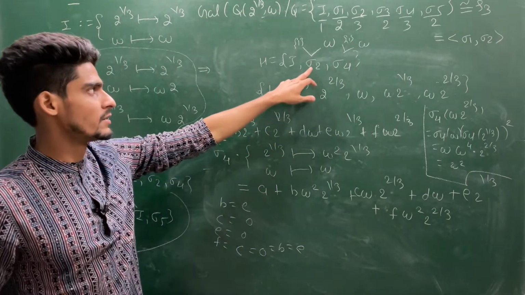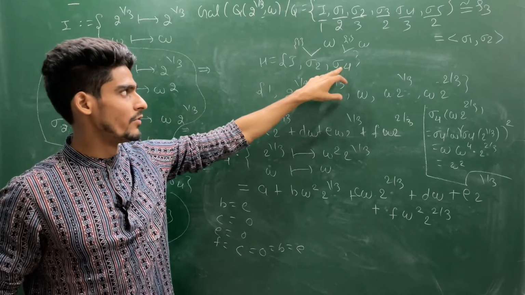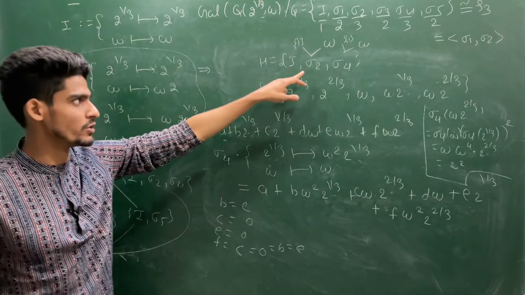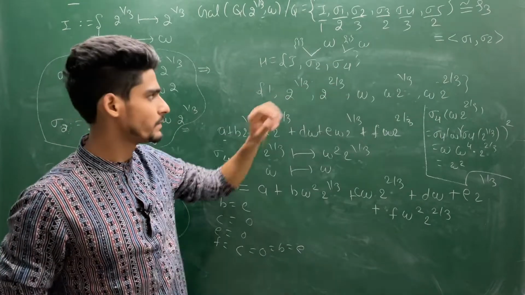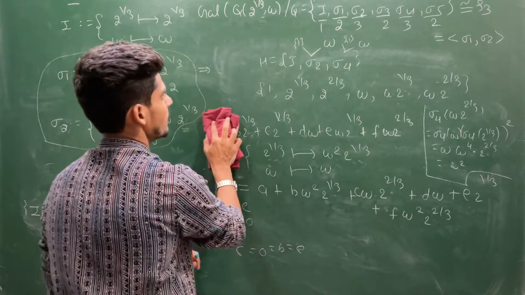This you can also think, see sigma 2 is fixing 1 and omega, so its inverse will fix the same, because these are inverses of each other, because this is of order 3, this is of order 3. Now you understand this part. Let me write this one.